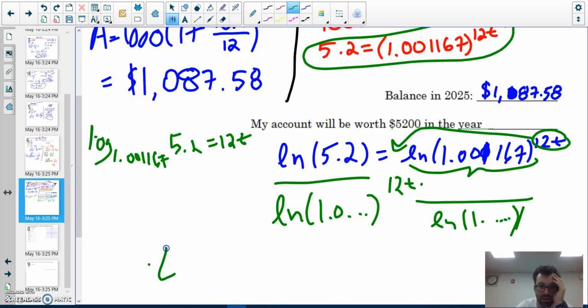You should still get t equals 117.8, which is basically 118.